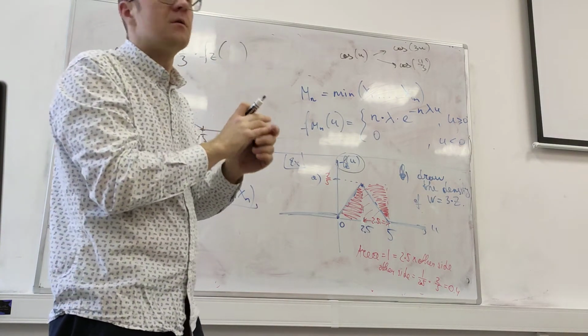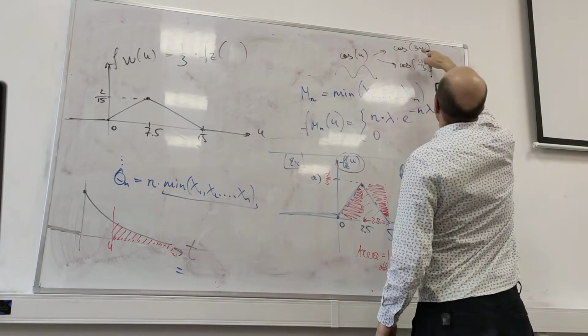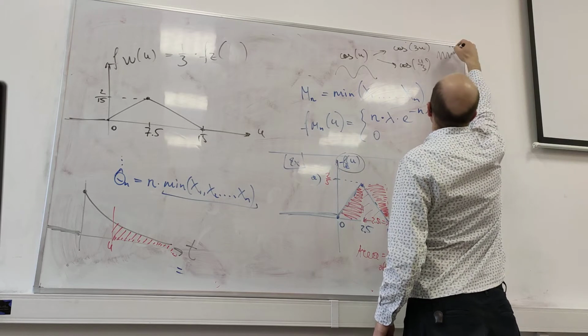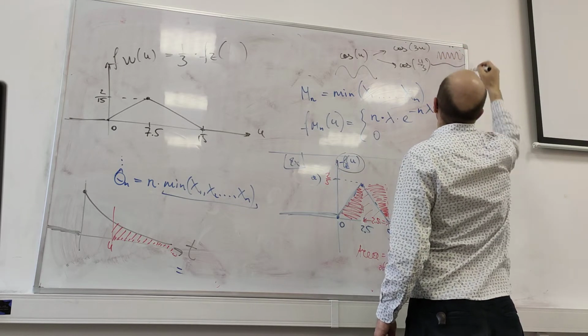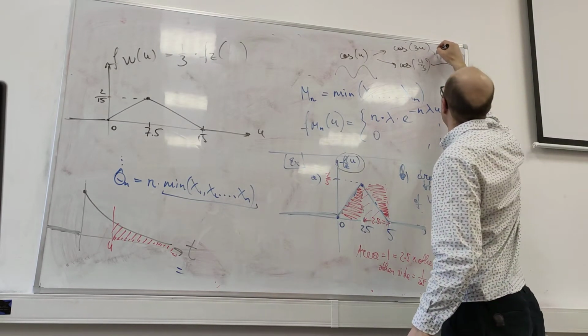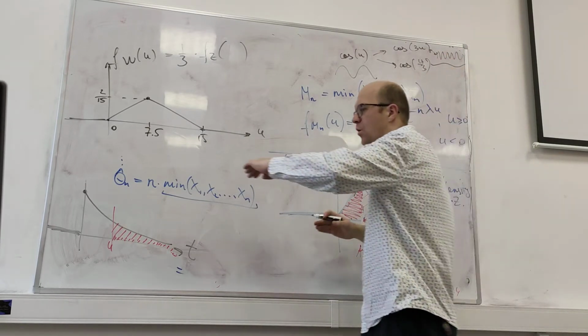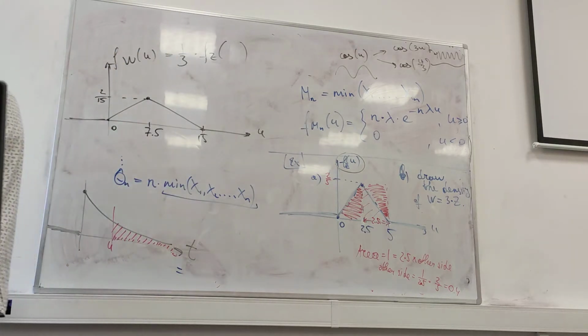Contracted. And if you divide by 3, you will have a slower oscillation.